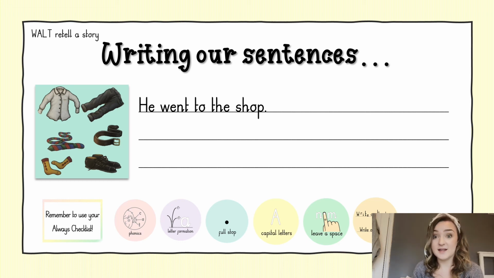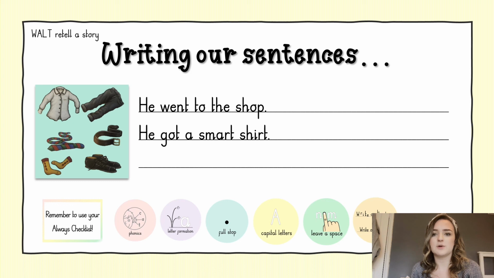I could add an adjective, couldn't I? I could describe what the shirt is like to make it a bit more exciting and have a bit more detail. So he got a smart. Smart. I think I'm going to use the word smart. He got a smart shirt. There we go, and I've written it super neatly, and I've done my full stop and capital letters. Well done. I've checked it back to make sure that I've remembered my always checklist.